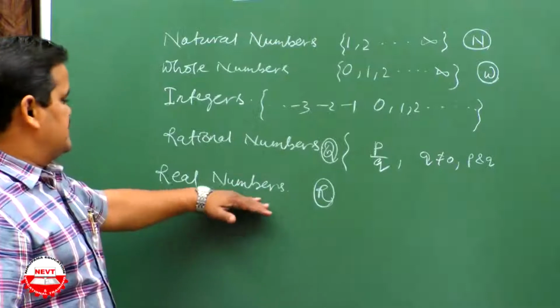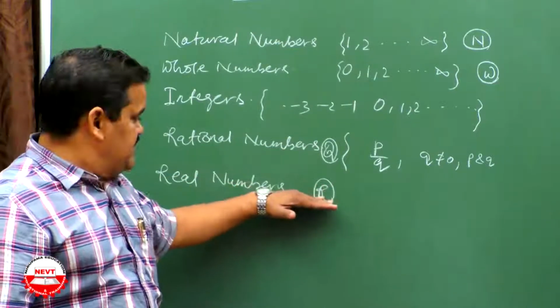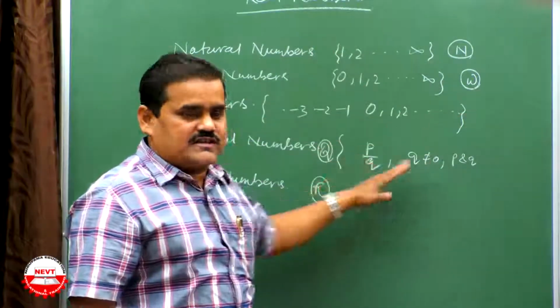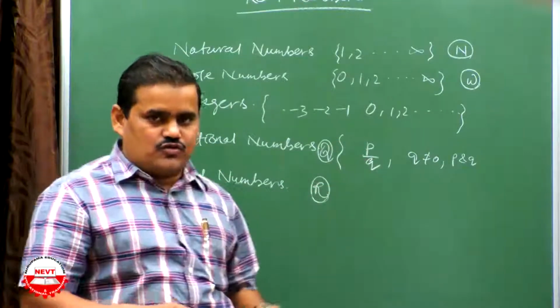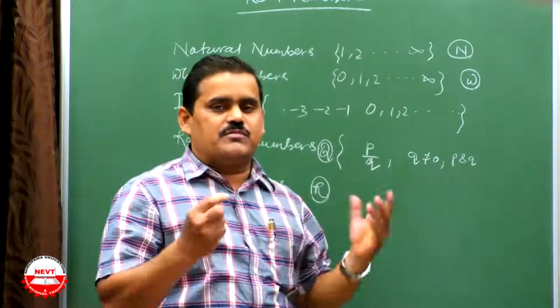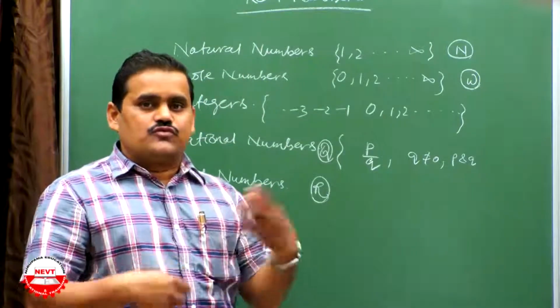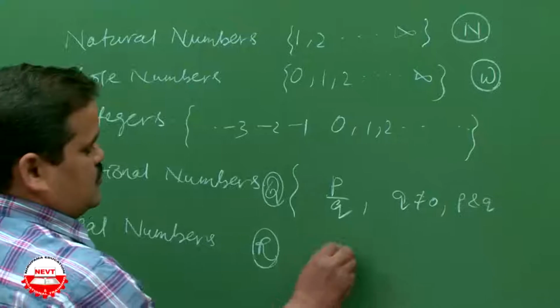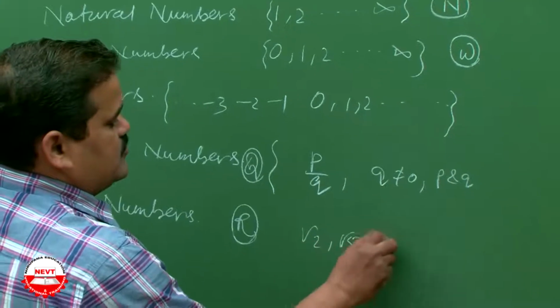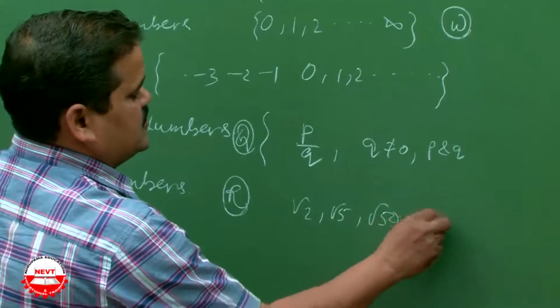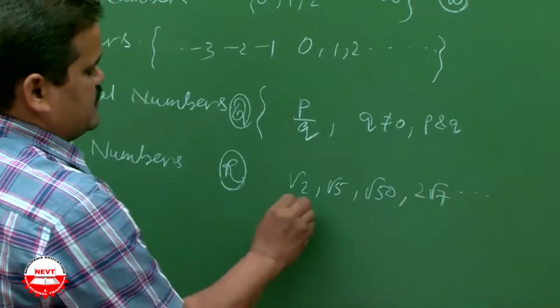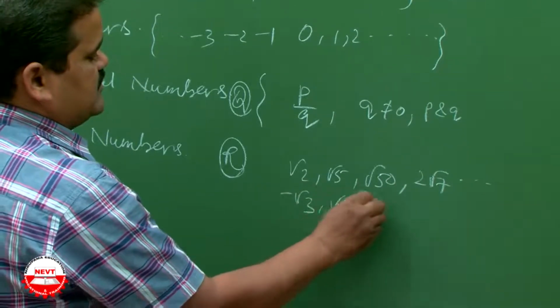This we will discuss. Real numbers means all these numbers along with root 2, root 3, root 5, minus root 2, minus root 11 like this, 2 root 3, 2 root 5 like this, root 2, root 5, root 50, 2 root 7 like this, minus root 3, minus root 7.